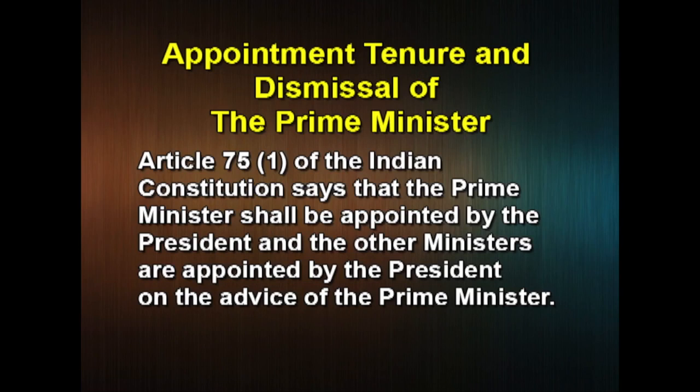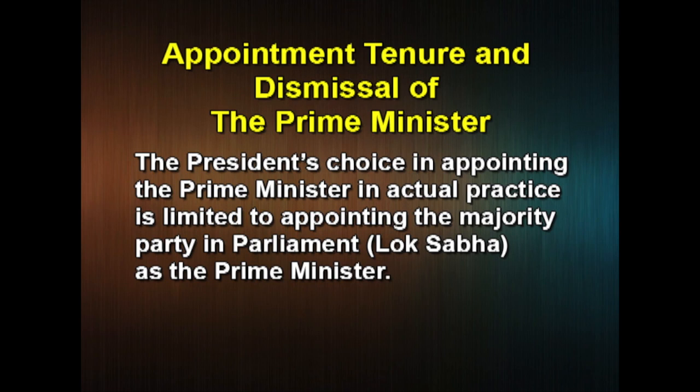Article 75(1) of the Indian Constitution says that the Prime Minister shall be appointed by the President, and the other ministers are appointed by the President on the advice of the Prime Minister. This is a formality. The President's choice in appointing the Prime Minister in actual practice is limited to appointing the majority party leader in Parliament, that is, Lok Sabha, as the Prime Minister.